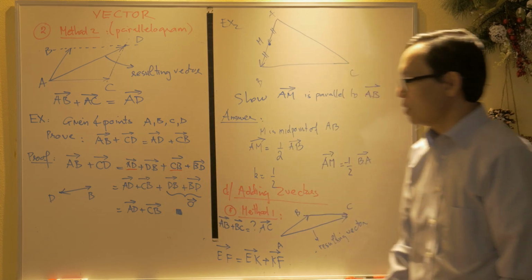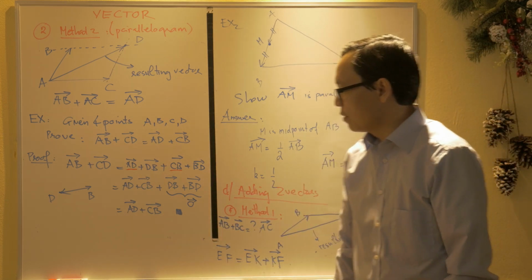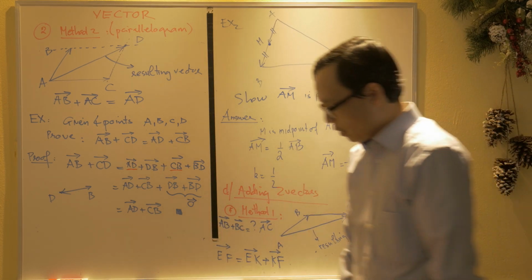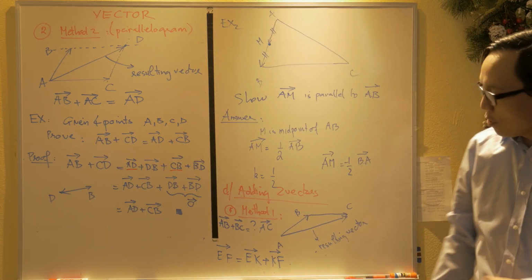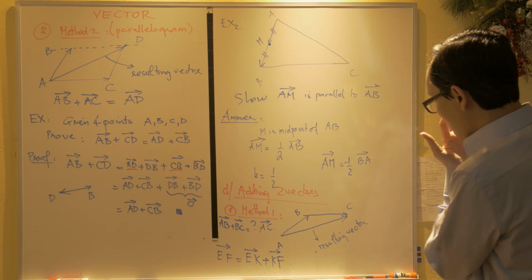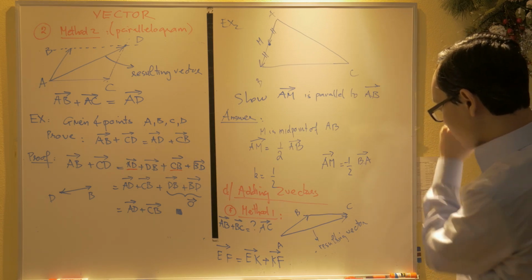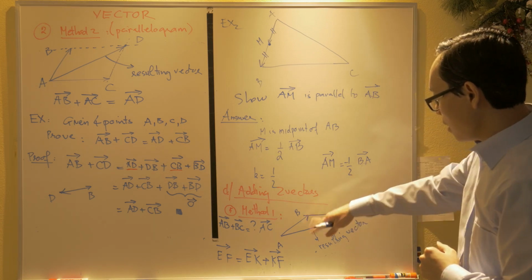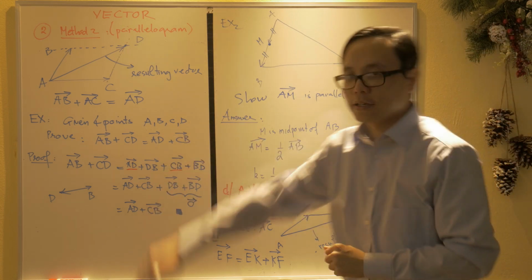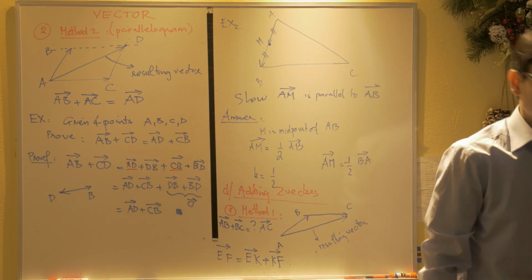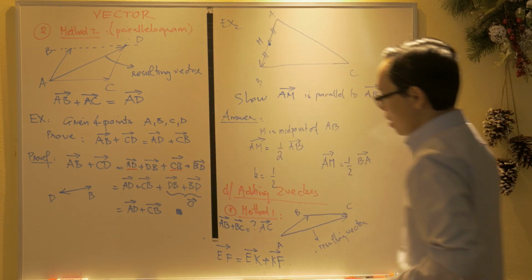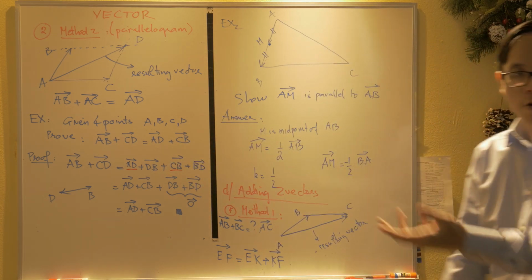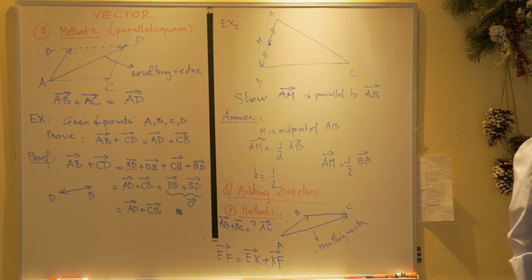That's why this gives you 0, and that's why we finished our proof. So this is a typical example of how we use the method of adding two vectors together to do a proof. But other than just proving, the method of adding two vectors is also very helpful in physics.